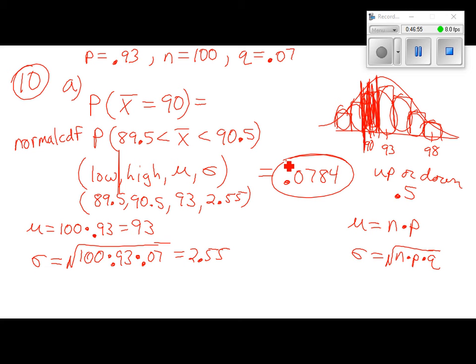If we were trying to find the area of 90, if we were just going to leave it as a binomial instead of trying to change it to normal. Nobody remembers any of that? Oh my gosh, I'm such a great teacher. Nobody remembers what we did last chapter. That was like last year.